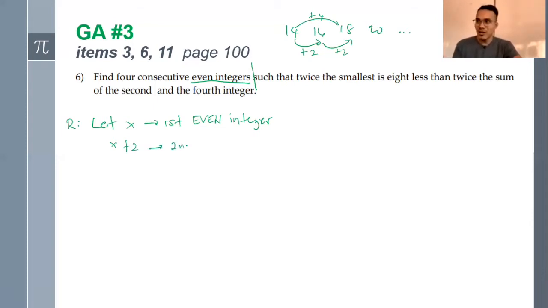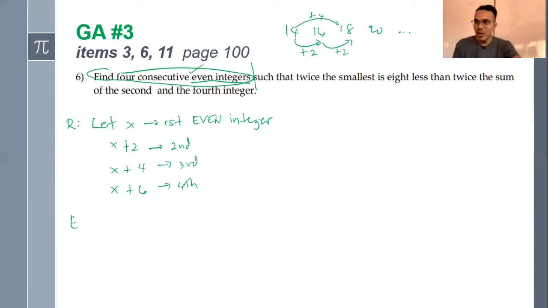This is the second. The third is x plus 4. Just add 2 to the previous. This is the third. And the fourth is x plus 6. All right? We're done with this part. Of course, we're going to get back to this statement kasi nandito na rin yung question. Find 4 consecutive even integers.